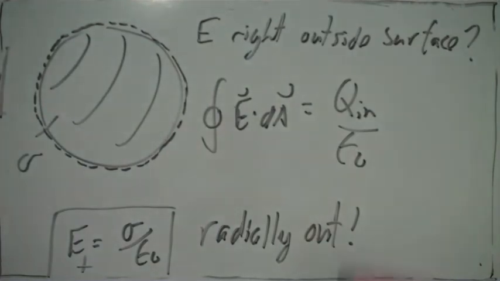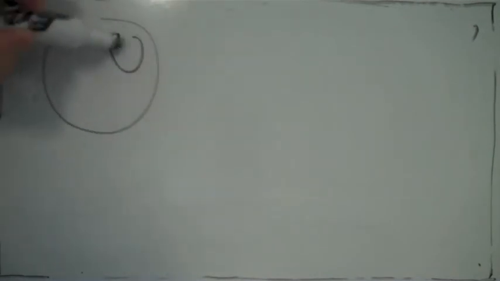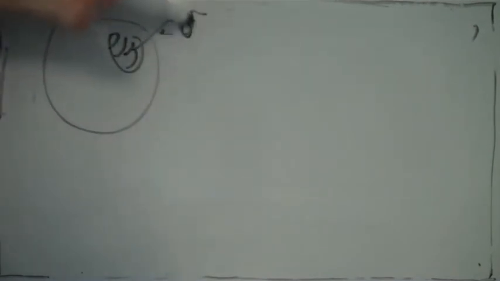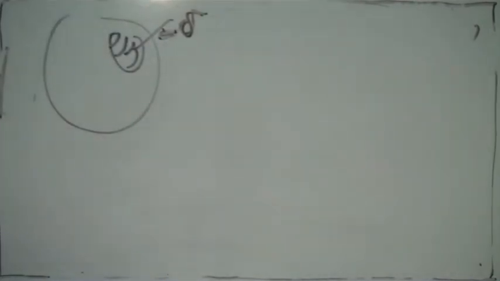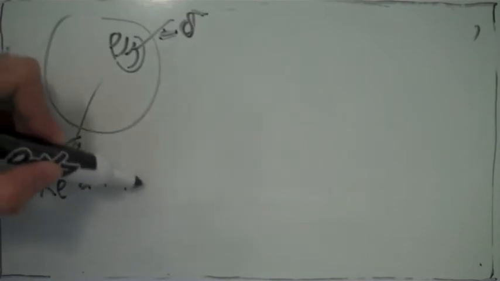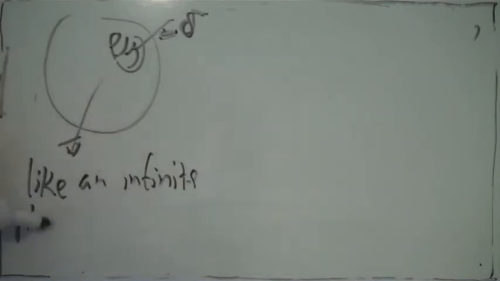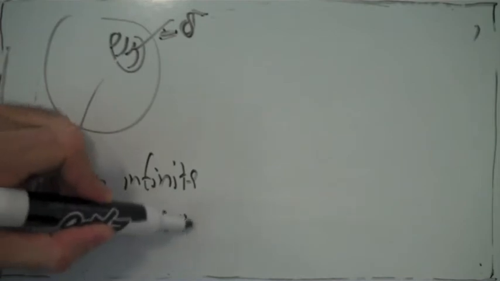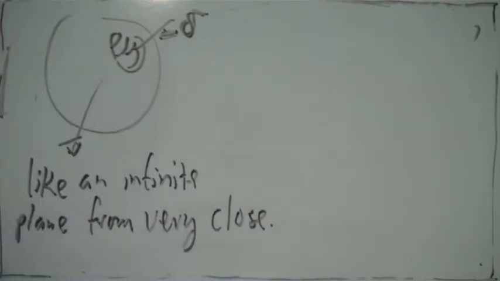So what about the other object? If we look at just a patch of surface with the opposite charge density, a negatively charged patch. So this is our patch of negative charge density. If you're very, very close to this patch, it looks like an infinite plane, because to you this little circle of charge looks like an infinite plane.